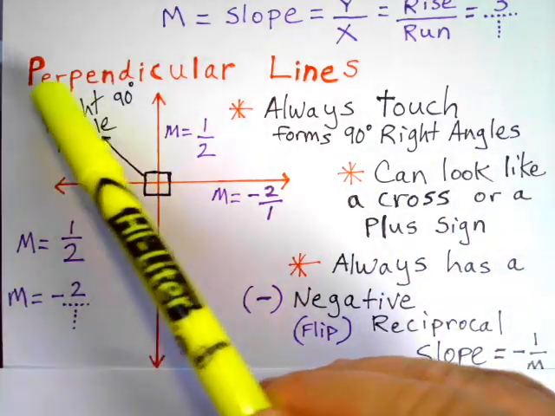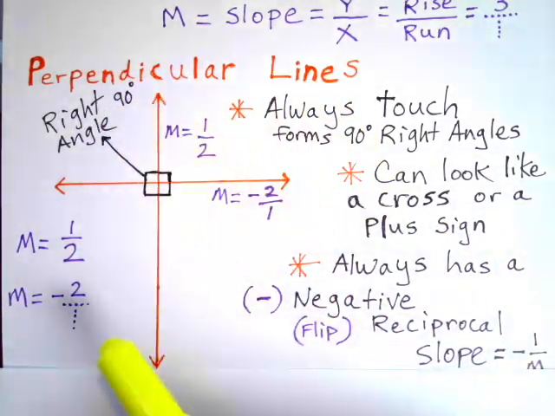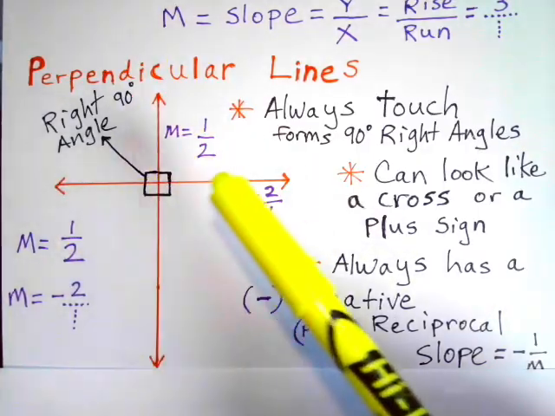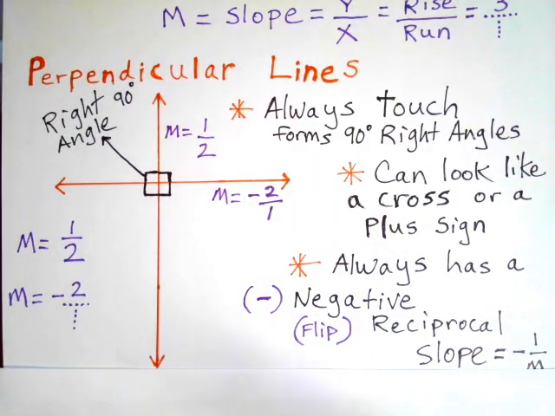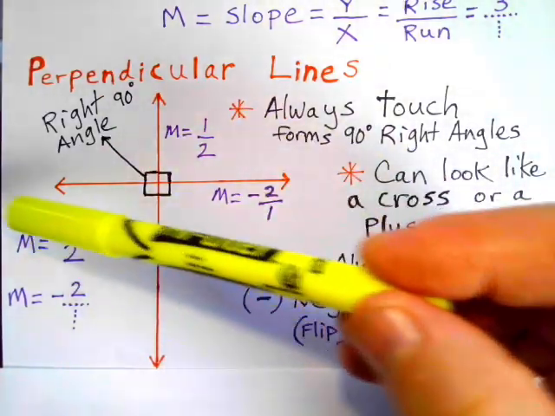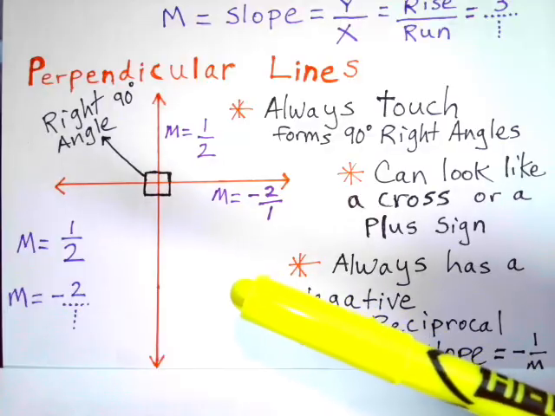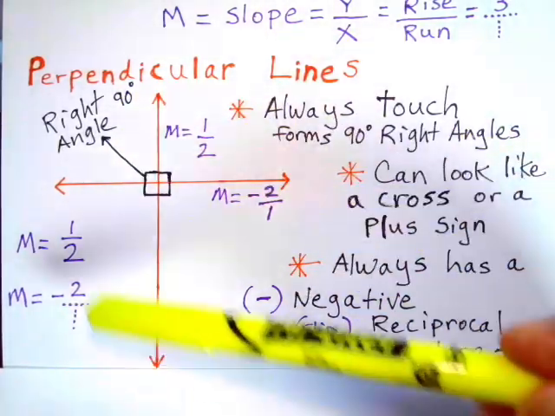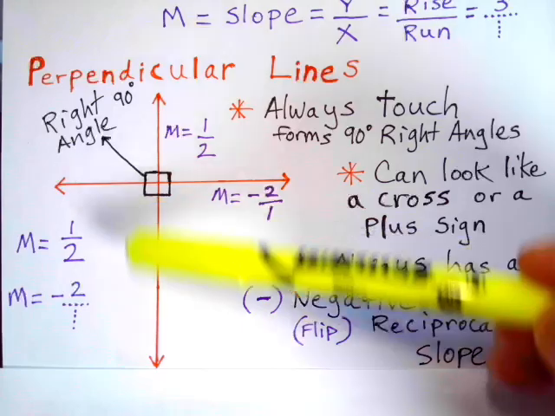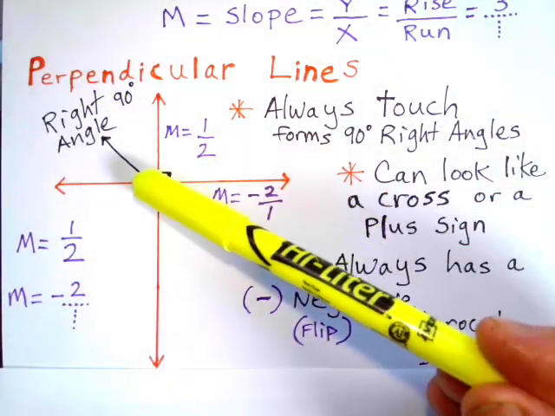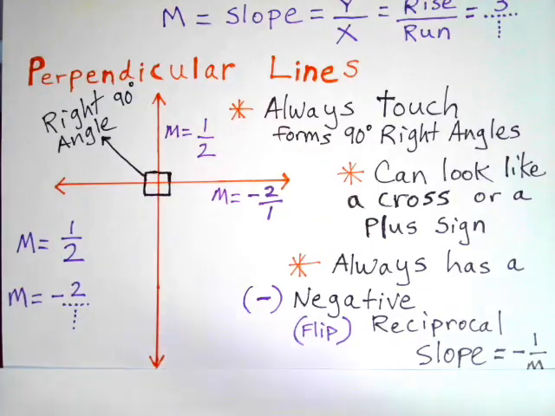So when remembering perpendicular lines, you can think of a T. Or tav, for those of you that may know a little bit of ancient Hebrew. Maybe it's ancient Greek. I can't remember. But think of perpendicular lines, and that T is a tav. They form 90-degree angles.